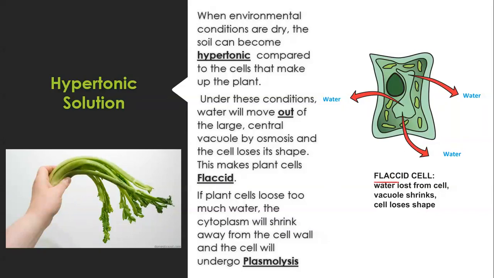So if water is not moving into the plant, then water will move out of the plant, okay? And that can cause wilting. So this celery right here is wilted, right? Why is that? Well, because the celery has lost a lot of its water. Okay, and this is what the cells look like when they are flaccid.